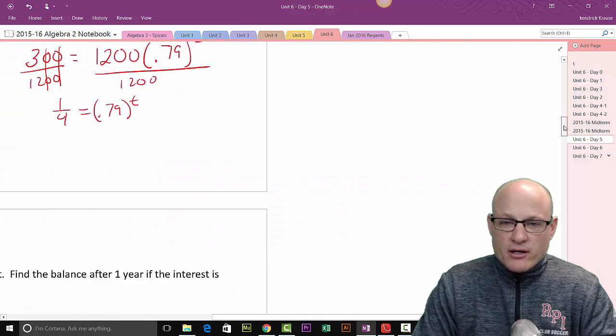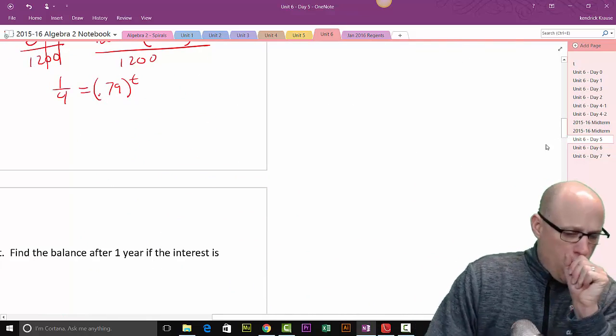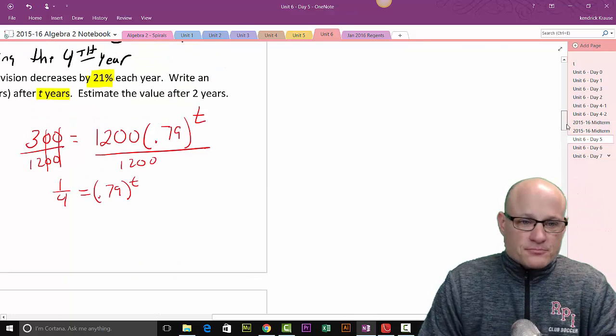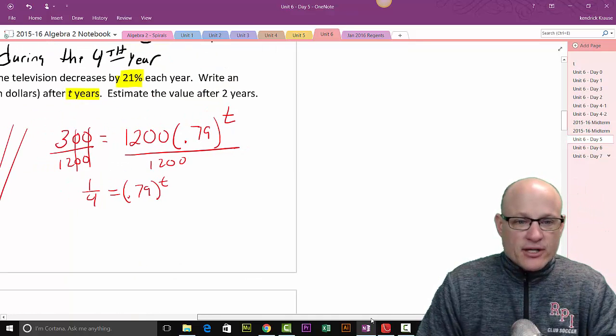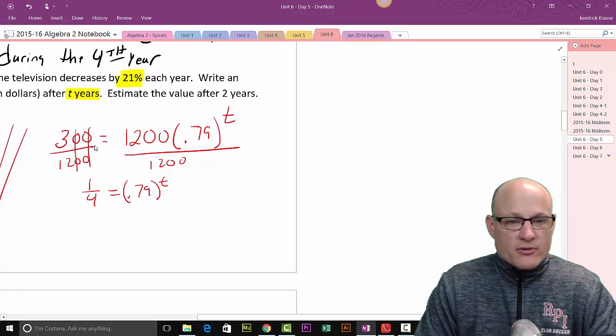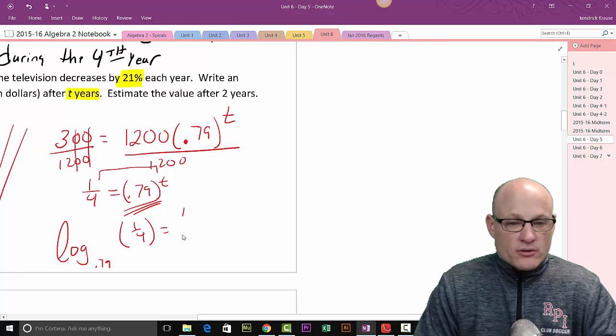Now, that's probably right where my head is. So if you didn't see that, and I forgot to move my head on the screen, I apologize, but there it is. We started with 300 equals 1,200 times 0.79 to the t. We divide by 1,200. So in order to do this, we got to change its form. So we're going to do log, it's all about the base, 0.79, and then these two things switch, of 1/4 equals t.